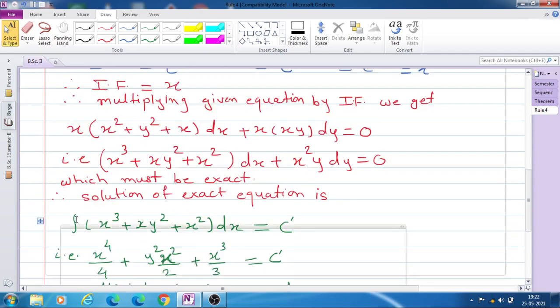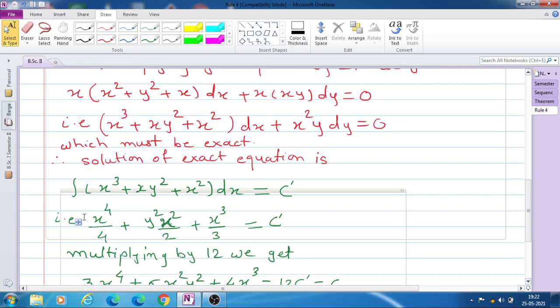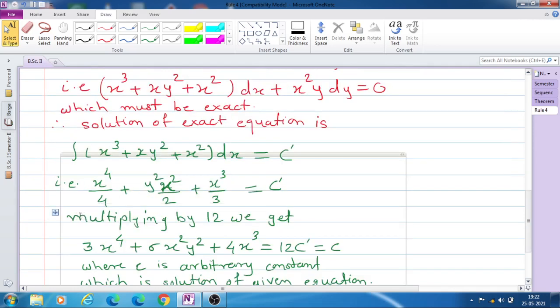Now this must be an exact differential equation, and the solution of an exact differential equation is, we know, integration of M dx plus integration of those terms of N which do not contain x.